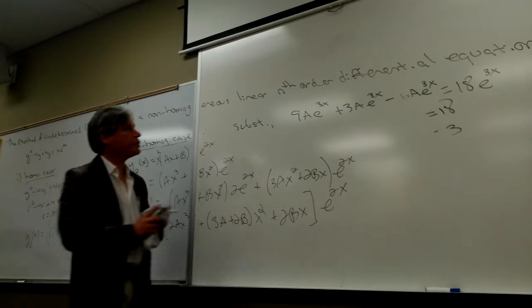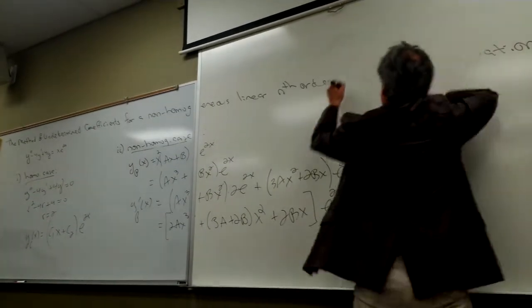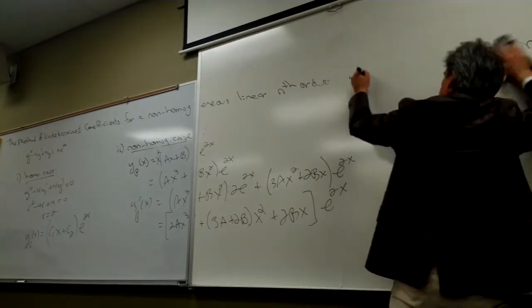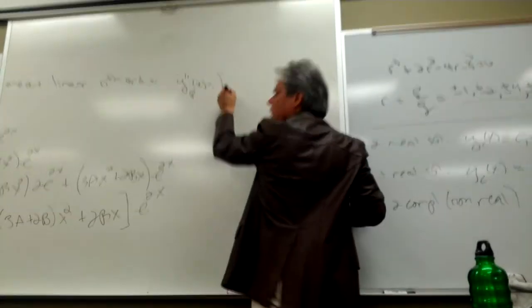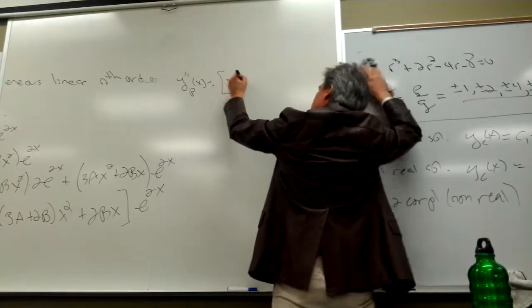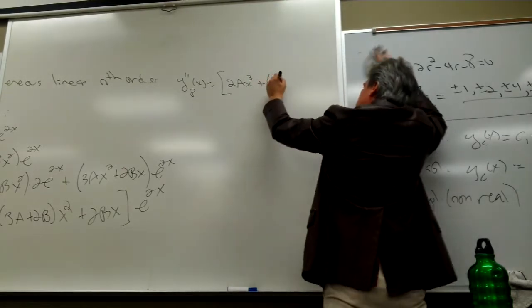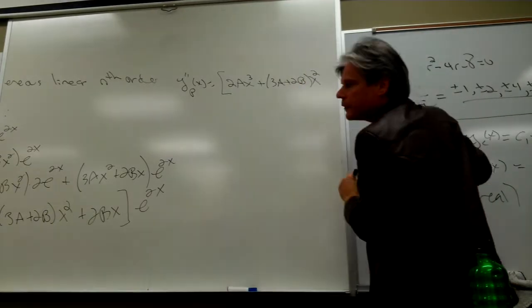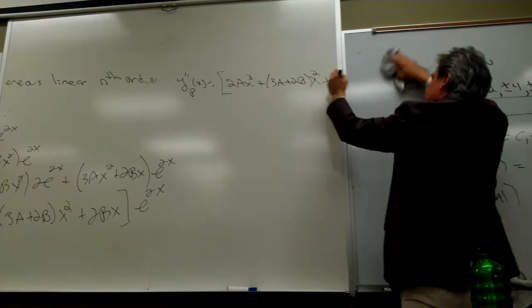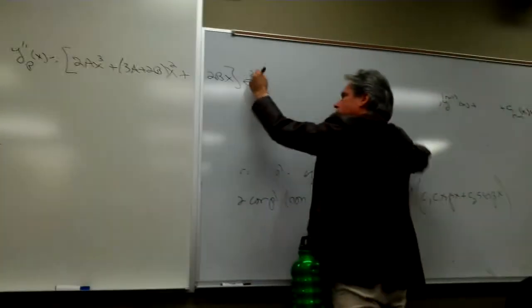And so in differentiating again, I think that's going to give me my second derivative for y sub p of x to be nothing more than the first. You guys, I took my glasses off, so just make sure I'm writing down the right numbers. Instead of 3a plus 2b times x squared, and finally 2bx, all times e to the 2x.